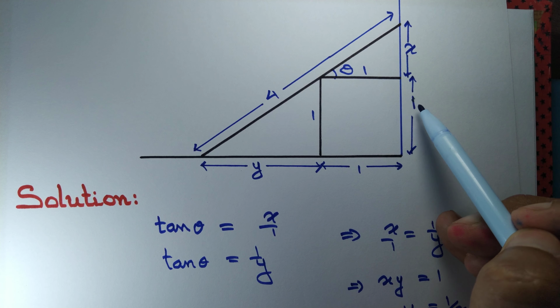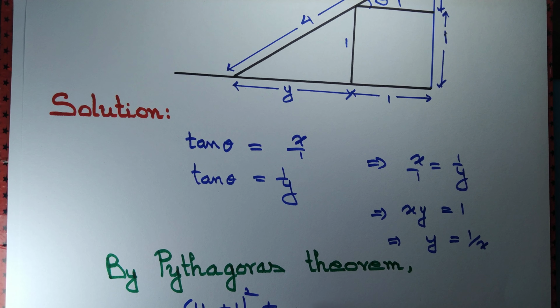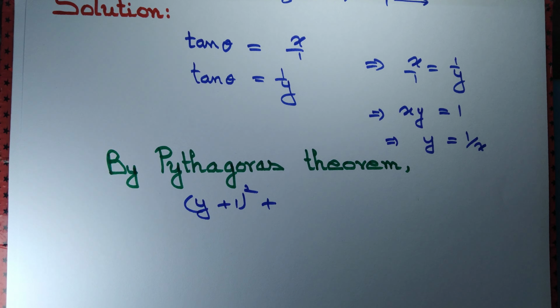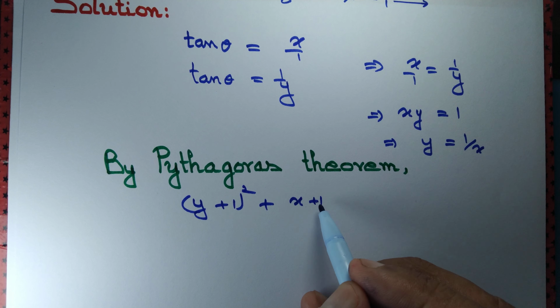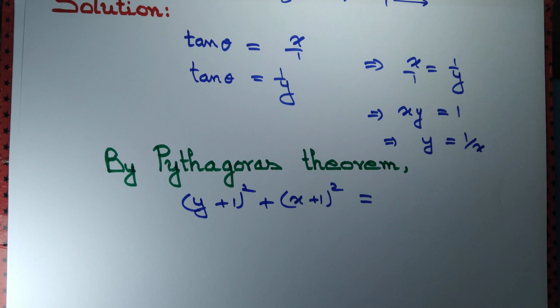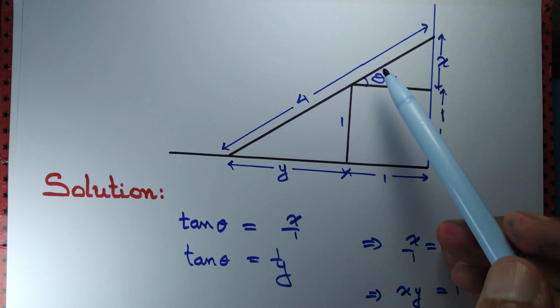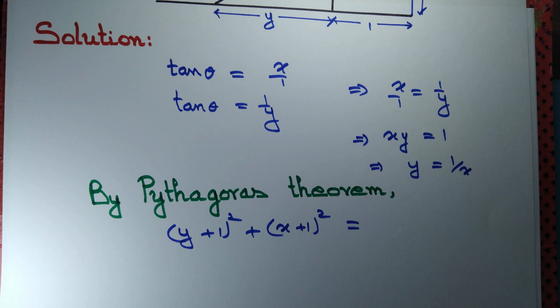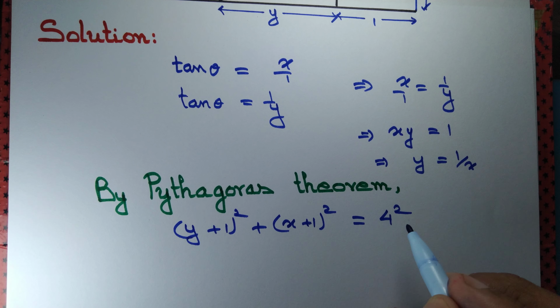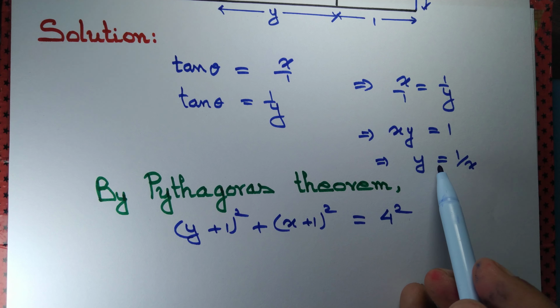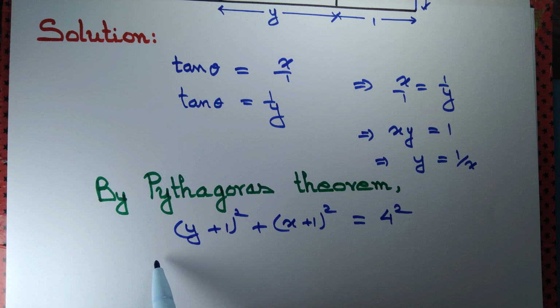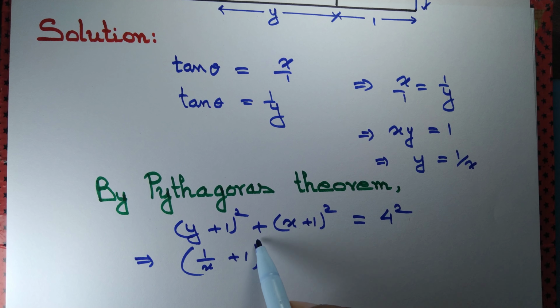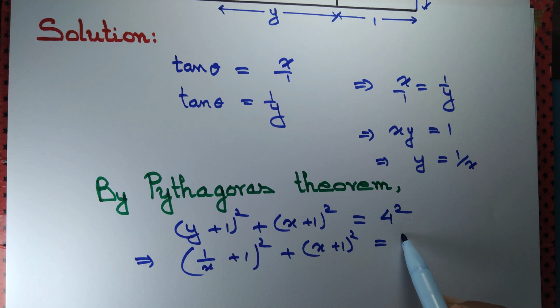Perpendicular square is (x plus 1) whole square, equal to hypotenuse square. Hypotenuse is just the length of the ladder, so 4 squared. Now y equals 1 by x. So we can write this equation as (1 by x plus 1) whole square plus (x plus 1) whole square equals 16.